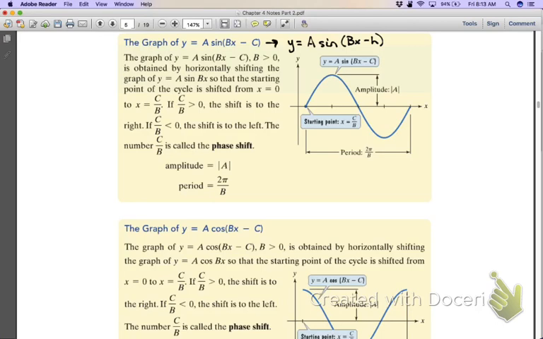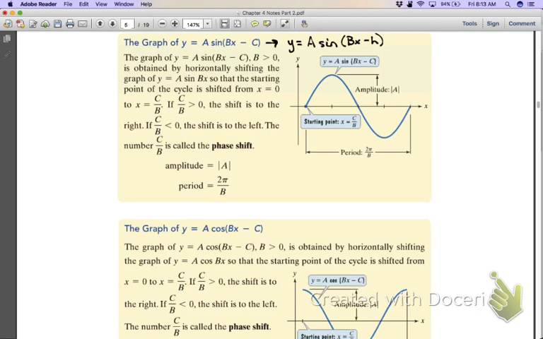Just like whenever we did it before, whenever h was a plus, we move it to the left. Whenever it's a negative, we move it to the right. So that's not going to change.